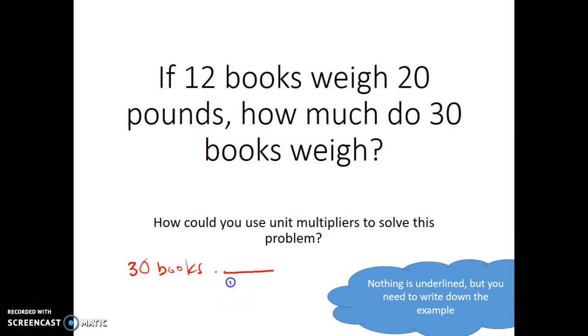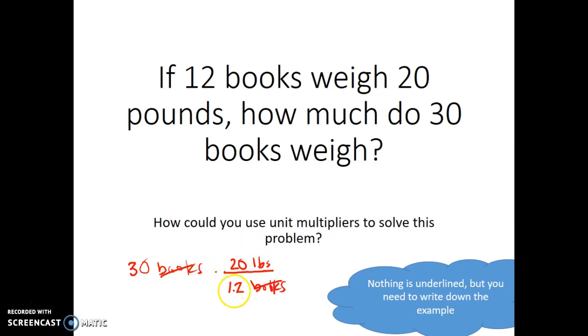And we know that 12 books is equal to 20 pounds. I'm putting it in this way because I want the books to be able to cancel with this books. If I had a problem where I wanted to find out how many books were in a certain amount of weight, then I would do that weight times the reciprocal of this. But basically, this allows me to cancel my units, cancel books.